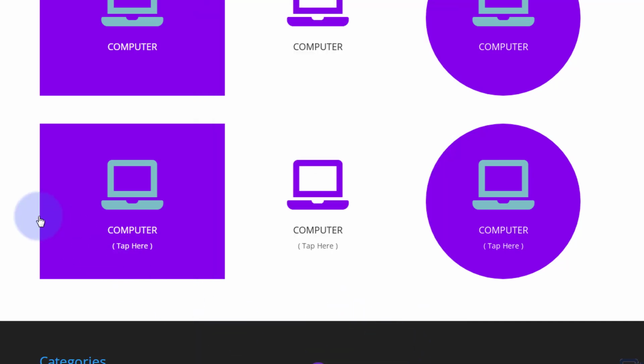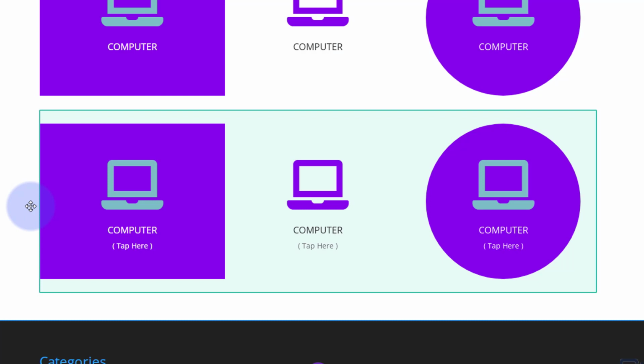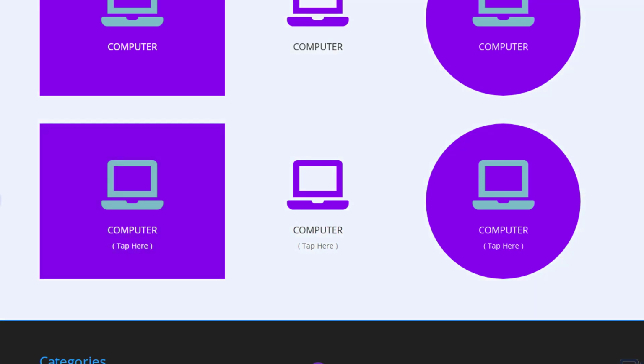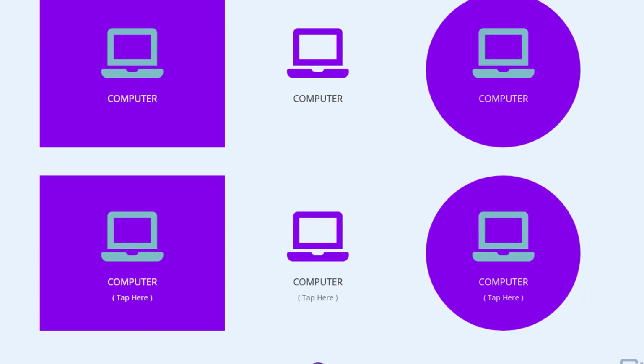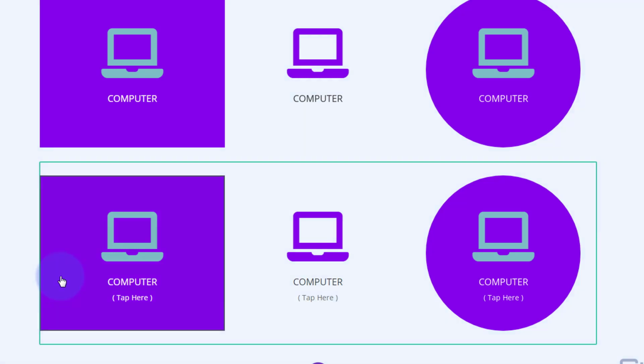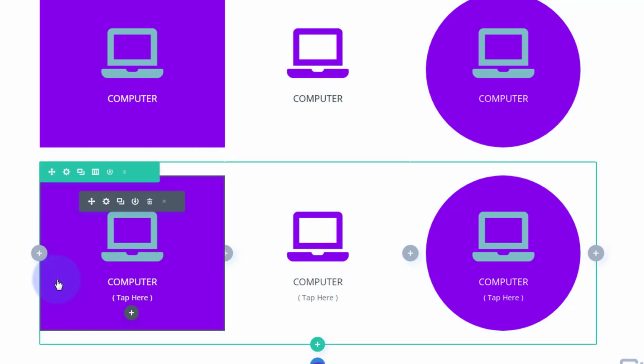Now what I want is for this row to display on tablet and mobile with the tap here, and I want this one to display on desktop. If you prefer, you can do a completely different system that doesn't have a hover effect. But either way, Divi lets you choose how to display these things.